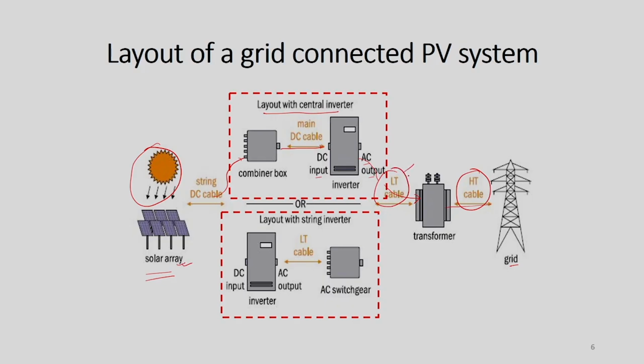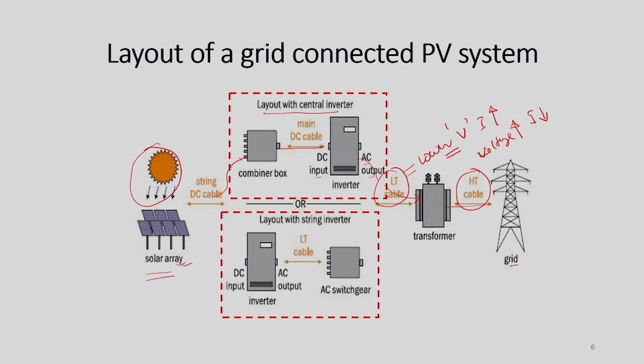Low tension means lower voltage and high current. In the case of high tension cable, voltage is high, but current is low.